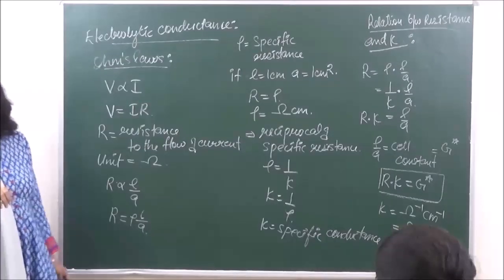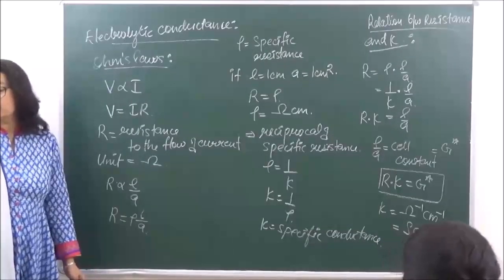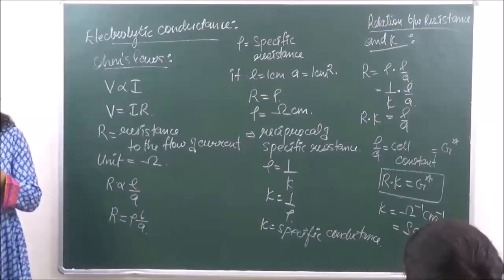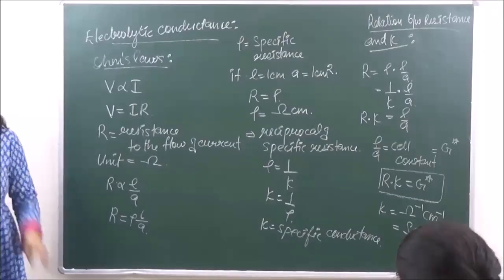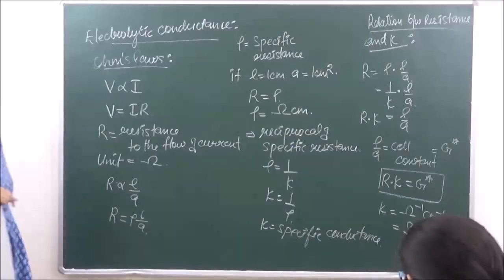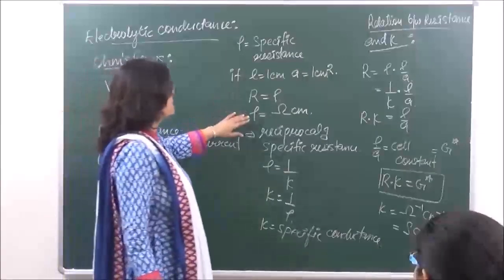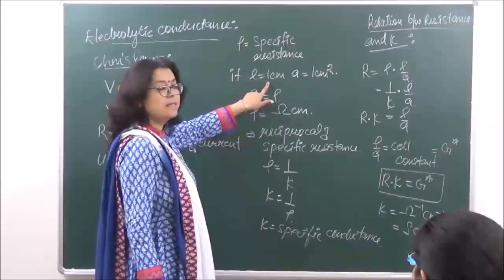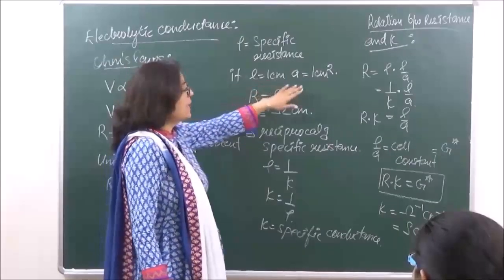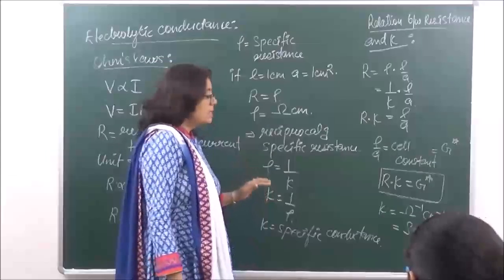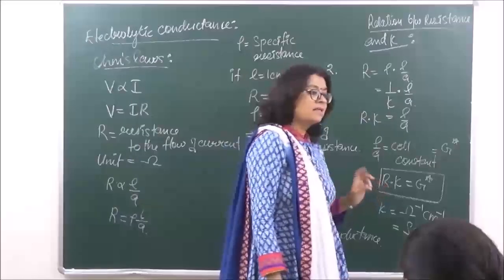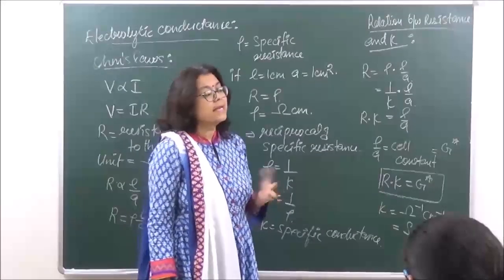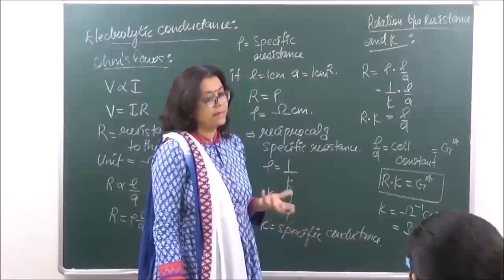Now, how will you define specific conductance? Like we defined specific resistance as the resistance when 1 centimeter length of wire is taken and the area of cross section is 1, similarly specific conductance equals the conductance when the length of the wire is 1 centimeter and the area of cross section is 1.